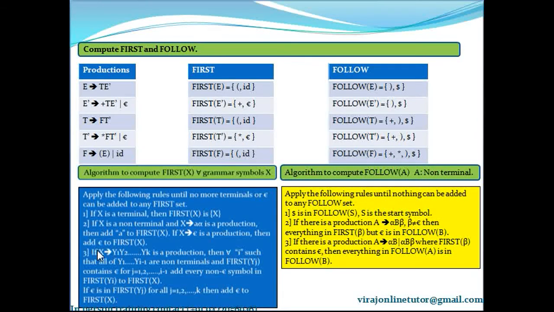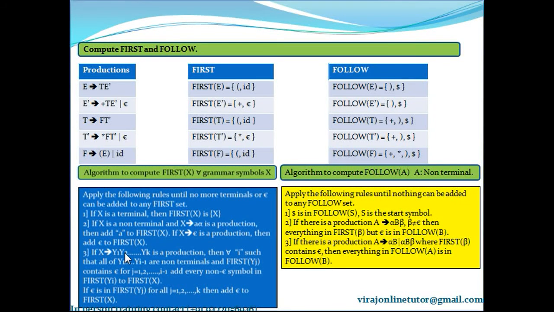The last rule says if X is of the format Y1, Y2 till Yk, then compute first of Y1. All the characters from first of Y1 except epsilon, you place in first of the left hand side. If first of Y1 contains epsilon, then you go ahead and compute first of Y2. Whatever is in first of Y2 except epsilon, place it in first of the left hand side.